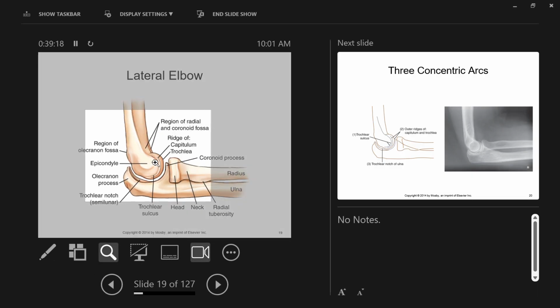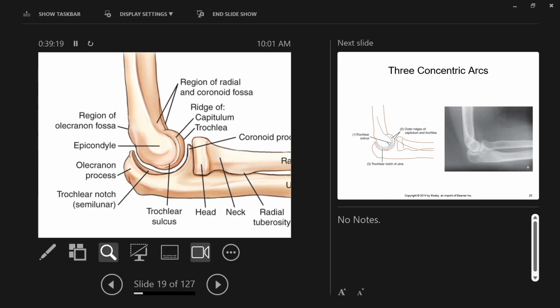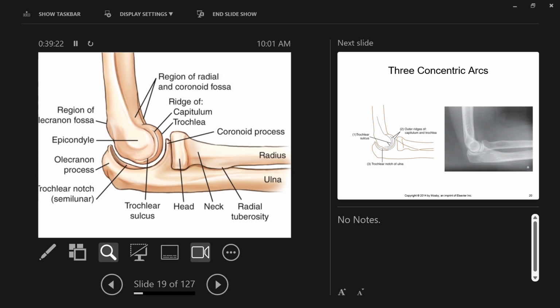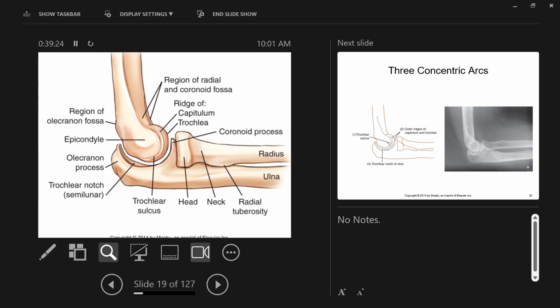Okay, so that was our three concentric arcs or rings, if you like. Okay, let's take a look anterior on the humerus and then posterior.